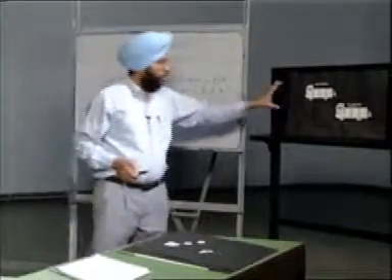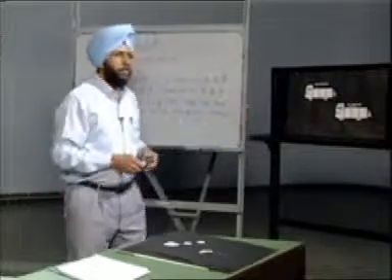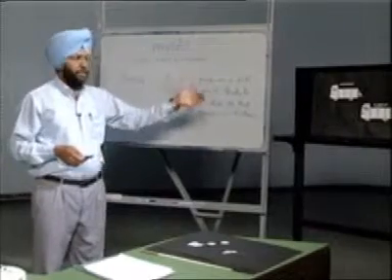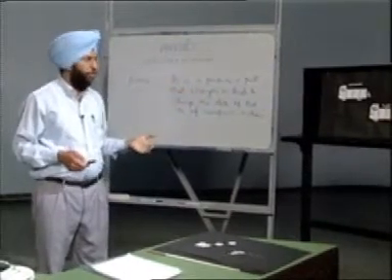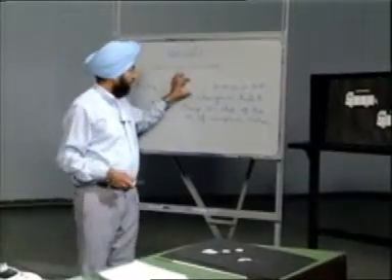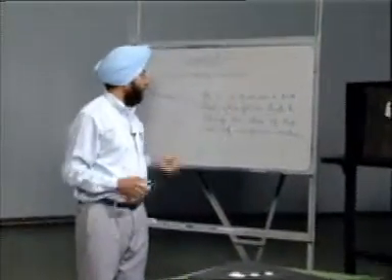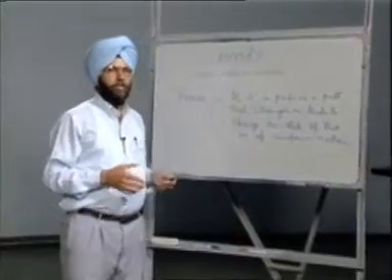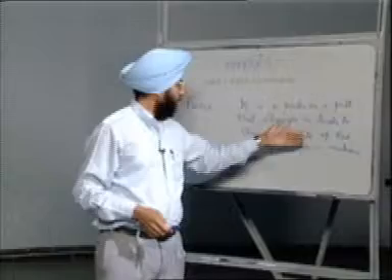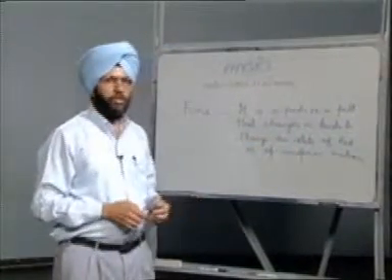So, when objects are bigger, force efforts to change the state of rest or state of motion may not be successful. So, force is a push or a pull that changes or may try to change the state of rest or of uniform motion.